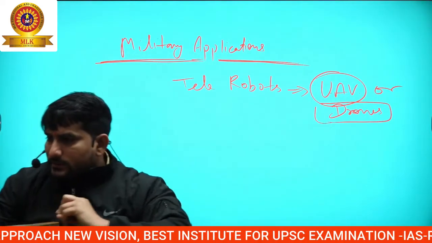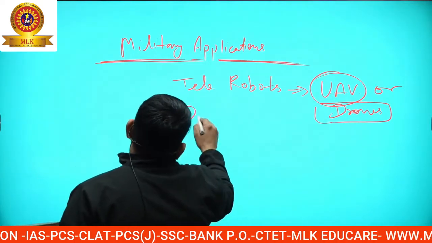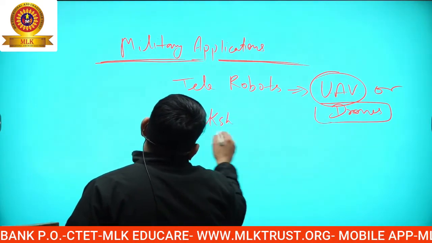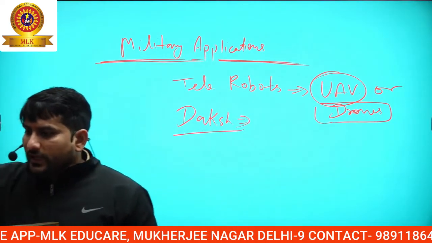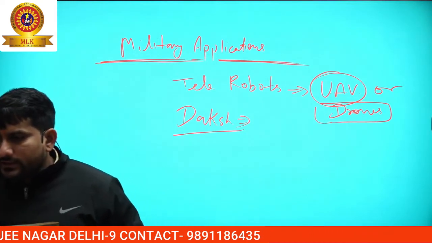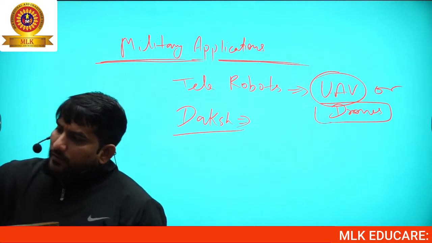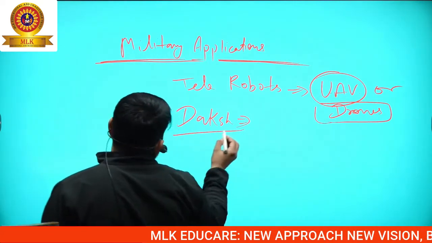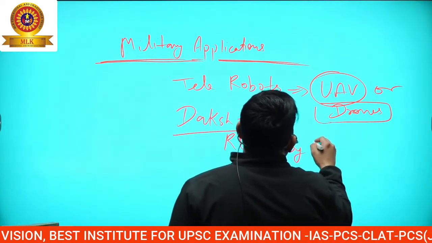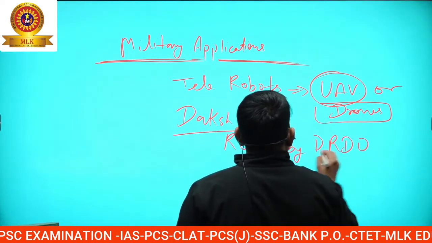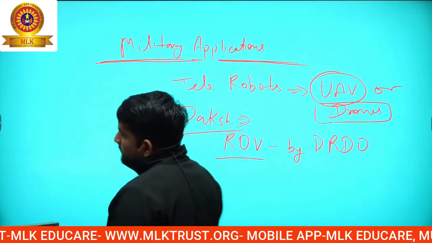Next one is, here is the example of robots like the Daksh robot. Which one? Daksh. Daksh robot. So Daksh robot is a counter-terrorist remotely operated vehicle, ठीक है? Developed by the DRDO. This is the remotely operated vehicle, ROV. ठीक है?